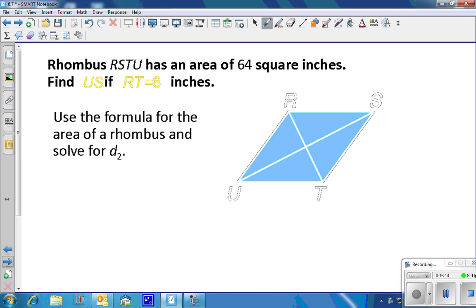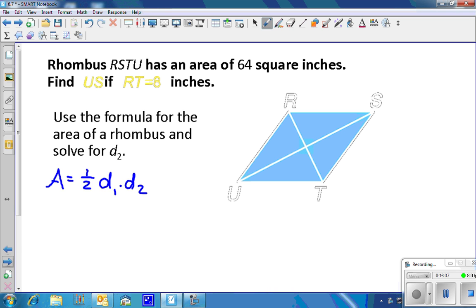All right. So rhombus RSTU has an area of 64 square inches. So they gave me the area. What's the formula for a rhombus? Okay. And it gives me a diagonal. You said half diagonal 1 times diagonal 2.